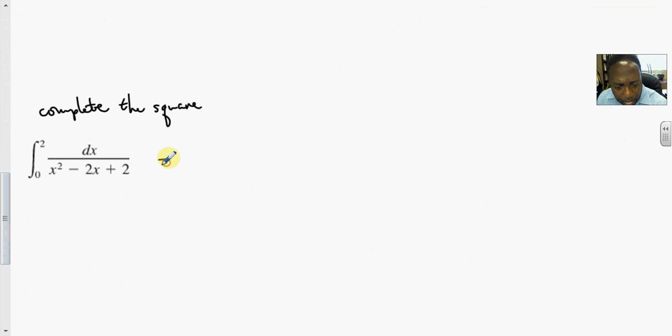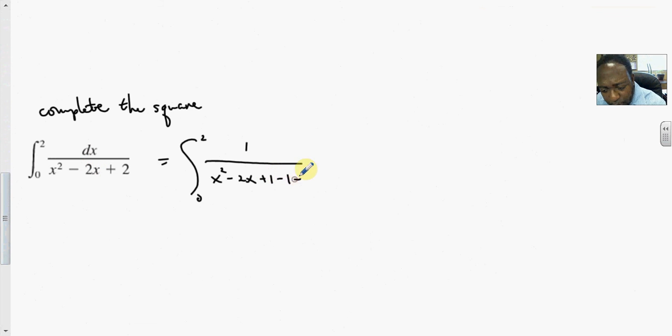So it's the integral from 0 to 2, 1 over, this is x squared minus 2x. Complete the square on this negative 2x. Take half of negative 2, we get negative 1. We square it, so we get 1. So we're going to add 1 and subtract 1. This is plus 2, that's given already. And then dx.